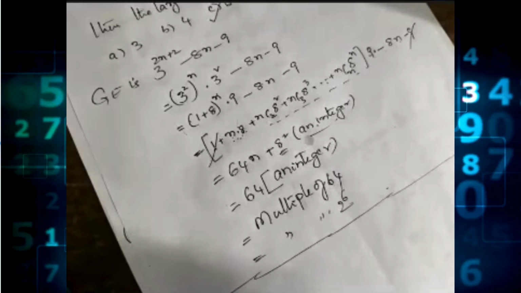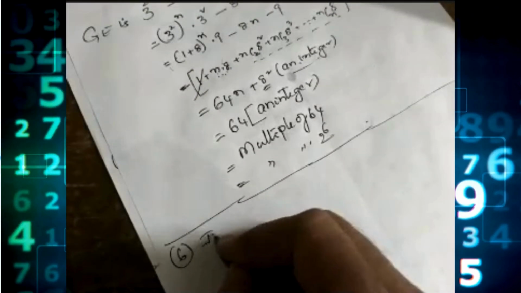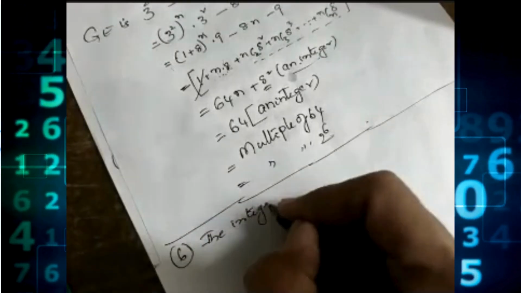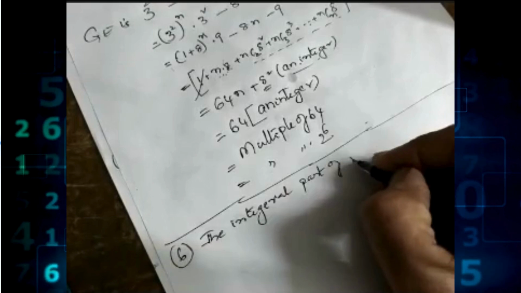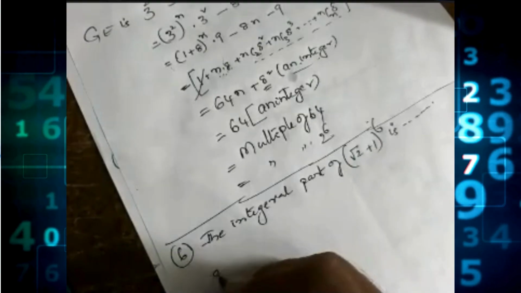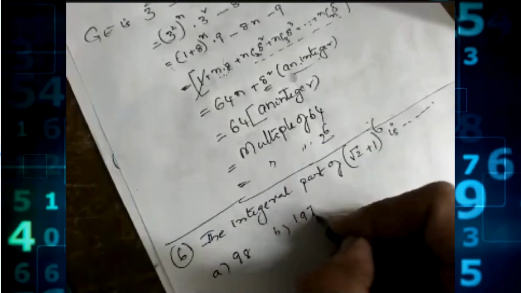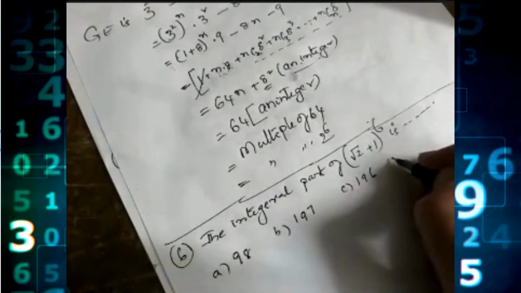One more problem. The integral part of (root 2 plus 1) whole to the power of 6 is: first option 98, second option 197, third option 196, fourth option 198.